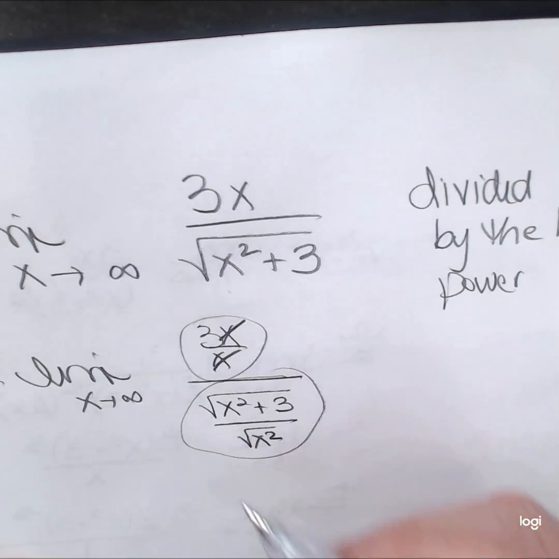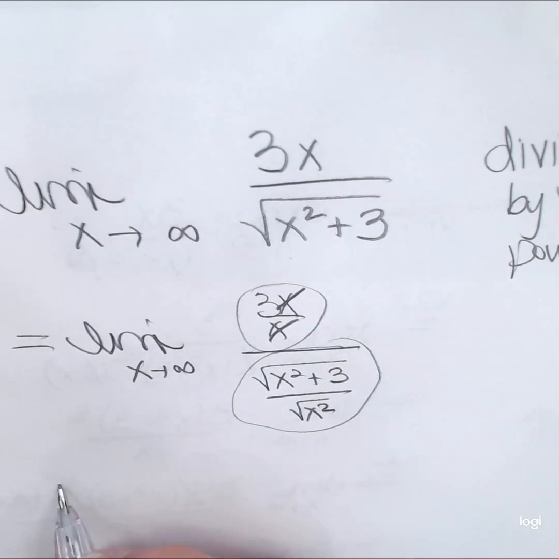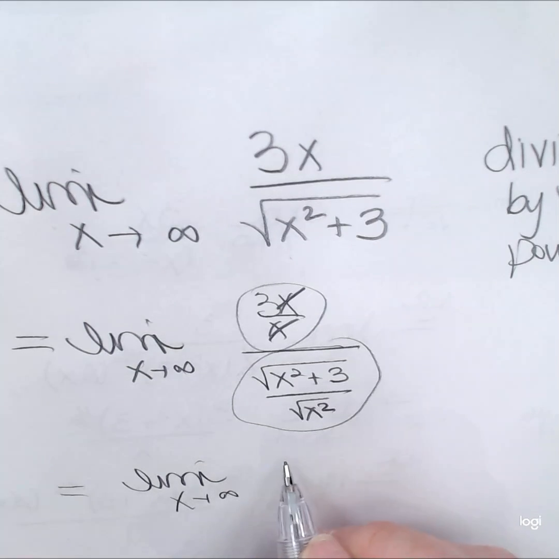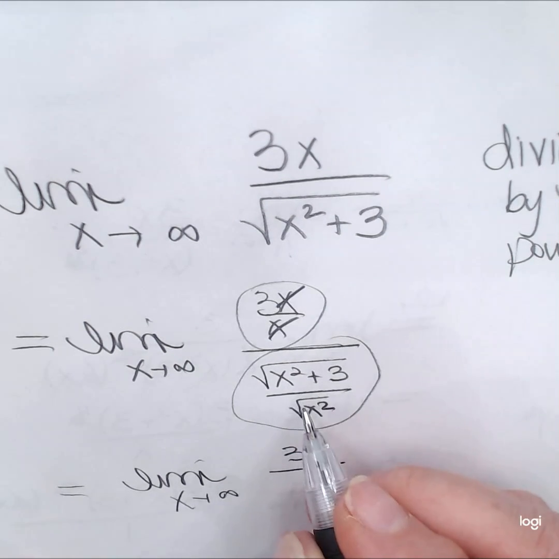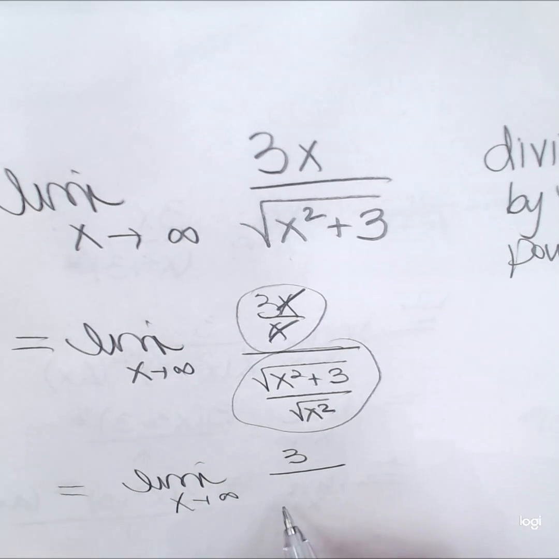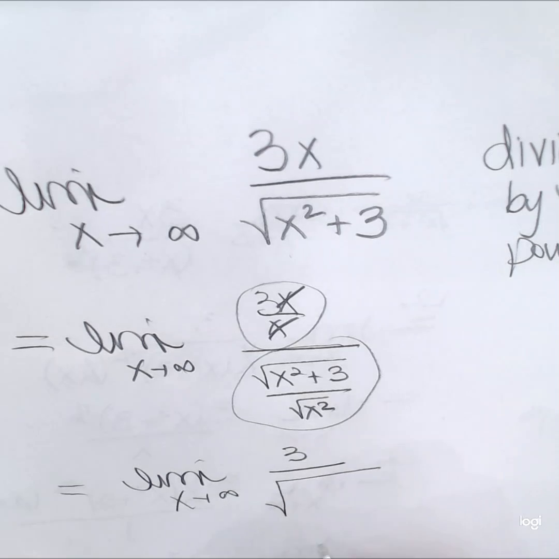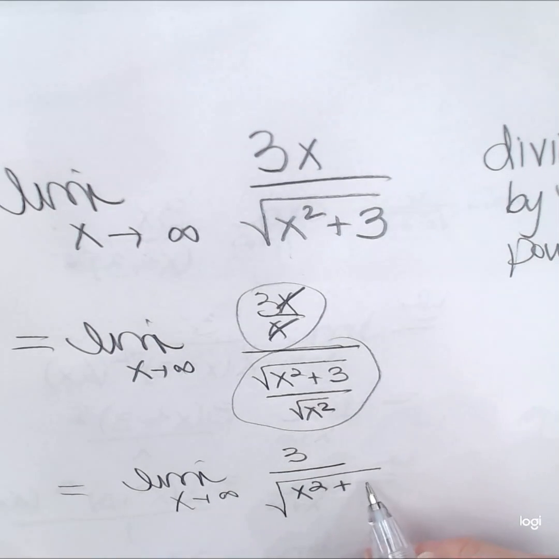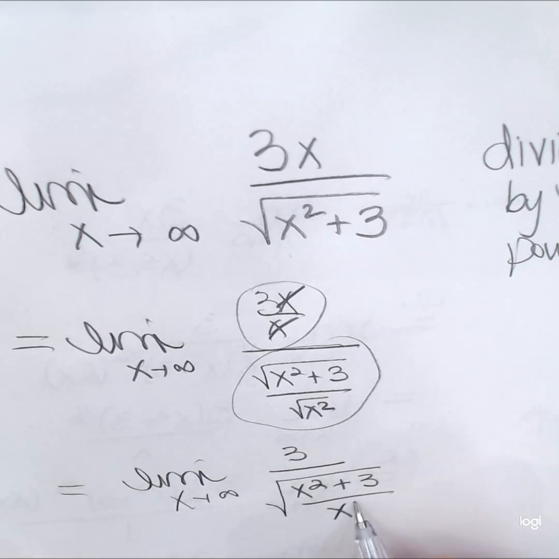Well, an x with an x will cancel, so the top will clean up nicely like it is. But you cannot just divide this bottom by x and then come inside that square root and do your canceling. But by putting both of these under a square root, I get to put them under a single square root. So this becomes the square root of x squared plus 3 over x squared.